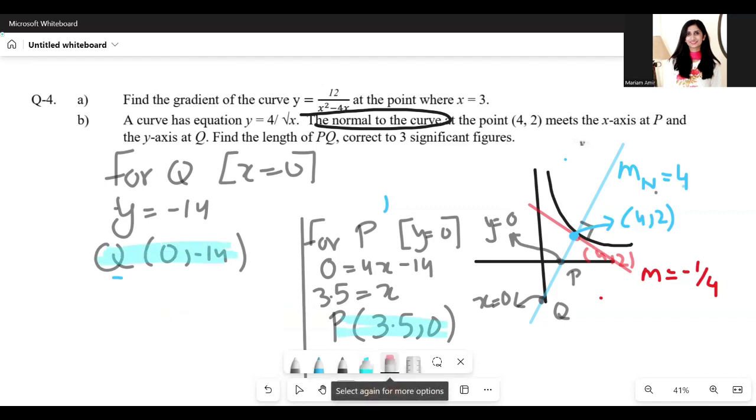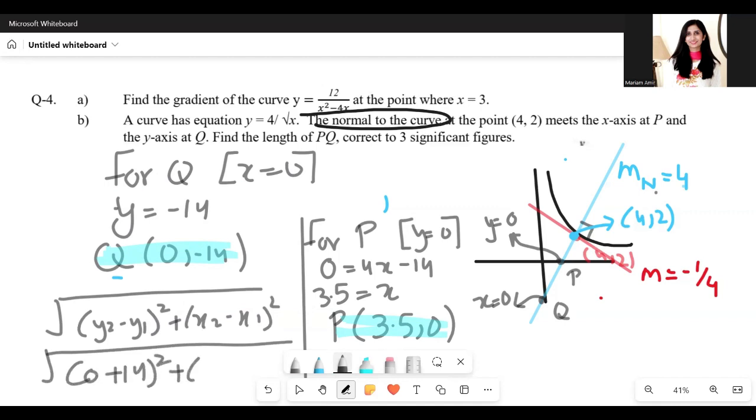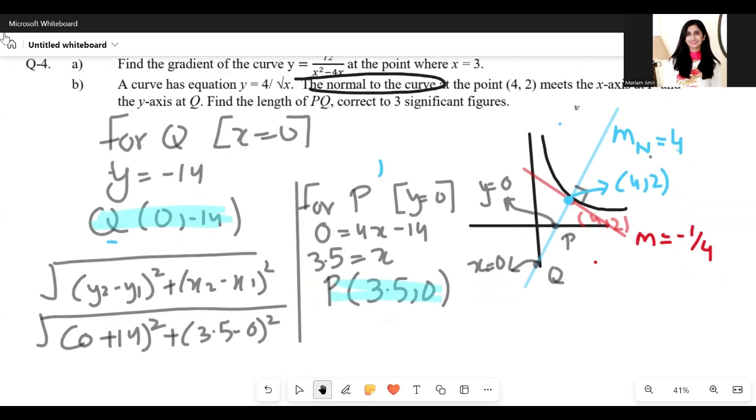So square root of y2 minus y1 whole squared plus x2 minus x1 whole squared. So square root of 0 minus minus 14 would be plus 14 whole squared plus 3.5 minus 0 whole squared, which gives us 14.4 after rounding.